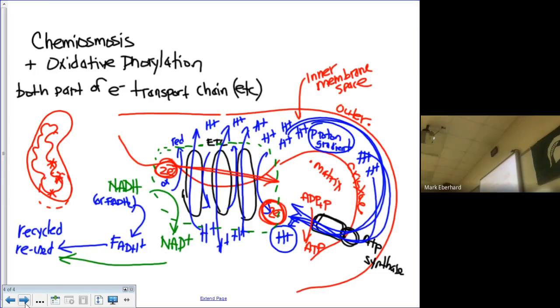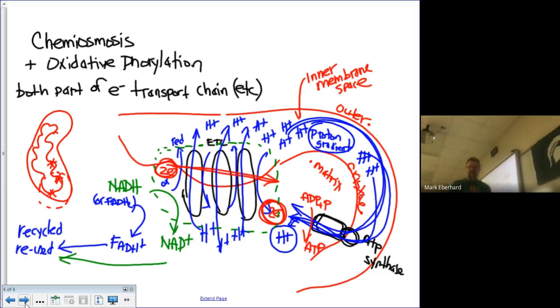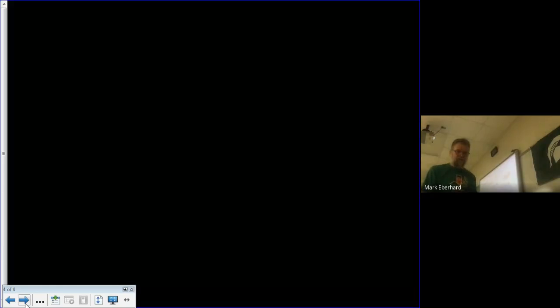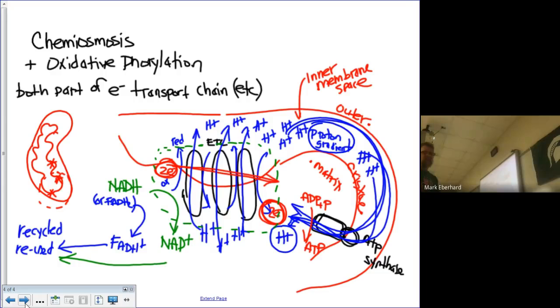We are using chemical energy to move hydrogen through protein pumps into the intermembrane space. That's the chemiosmosis, or chemically diffusing hydrogen into the intermembrane space.